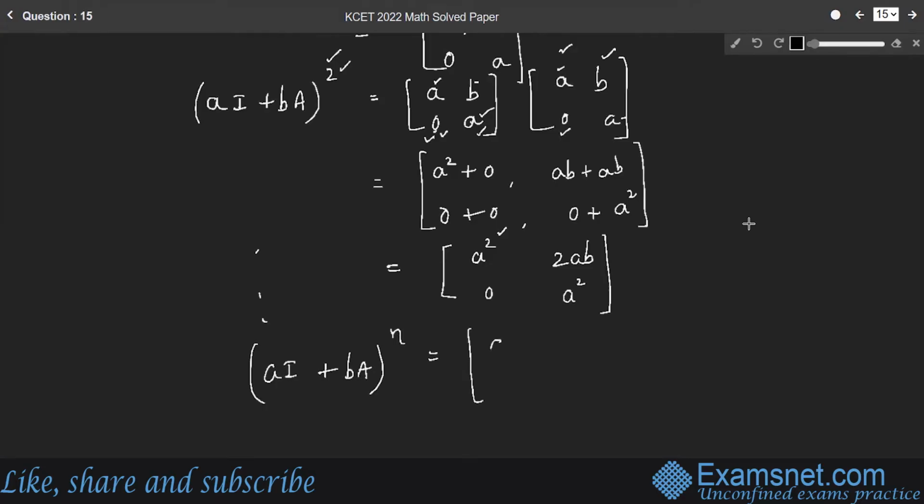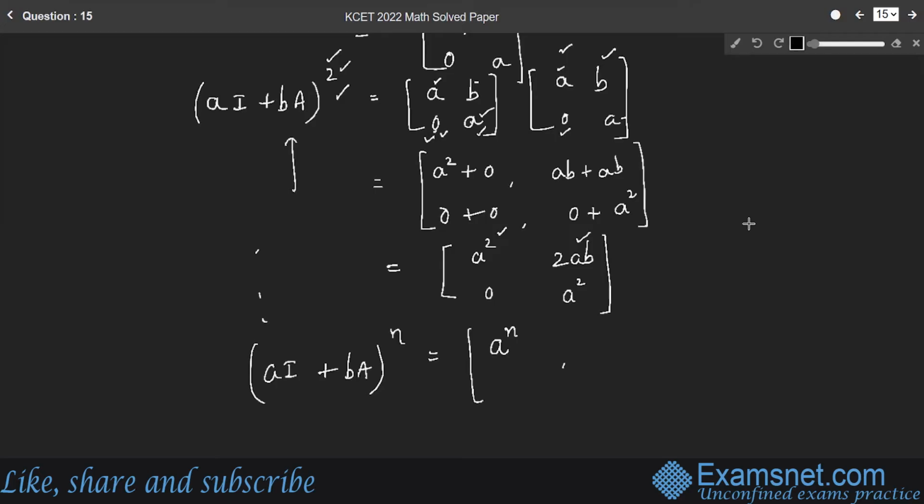Therefore, the first element becomes a raised to n in the case of (aI plus bA) raised to n. So consider the previous case, when the power is 2. Here, in the second element, the coefficient is also 2.